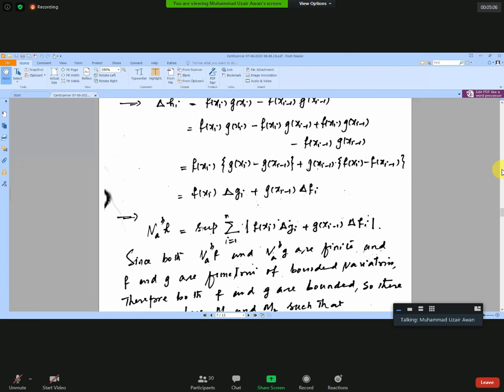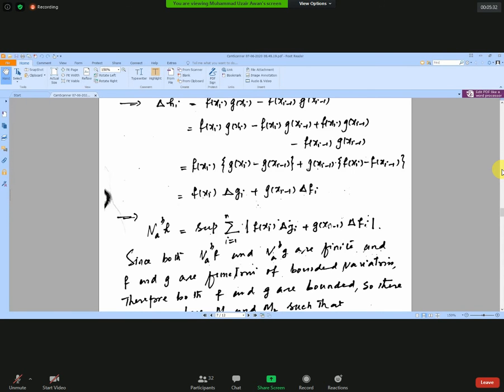So the total variation of H from A to B is equal to supremum of summation I is equal to 1 to n absolute del Hi था, del Hi की हमने ये वैल्यू पुट की। Now हमें एक फैक्ट पता है कि if f and g are functions of bounded variation, then both f and g are bounded.